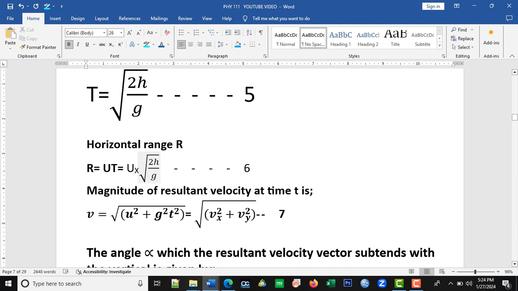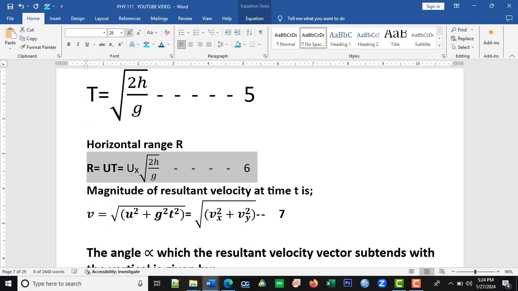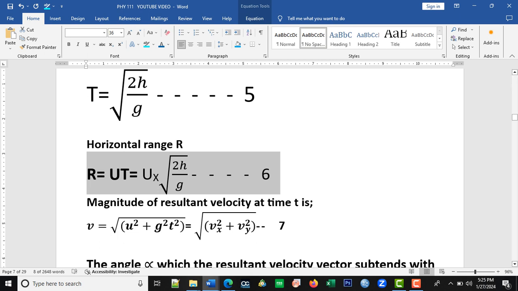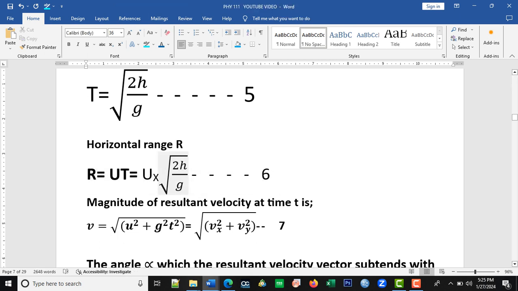The u in this case is the component of the horizontal velocity, and the t here is the time of flight that we've just discussed. So you see ut, horizontal velocity, and then the square root of 2h over g.